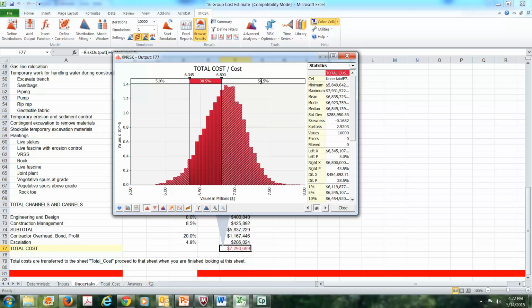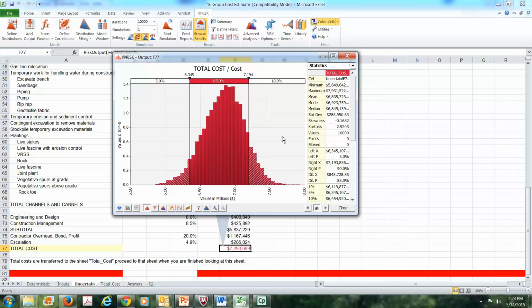So suppose I work over here and say, well, I'm the risk manager. I'm willing to live with a 10% chance of an overrun. Well, if you're willing to live with this 10% chance, then the cost you're going to go forward with is $7,194,000, because there's only a 10% chance that the actual cost will exceed that.